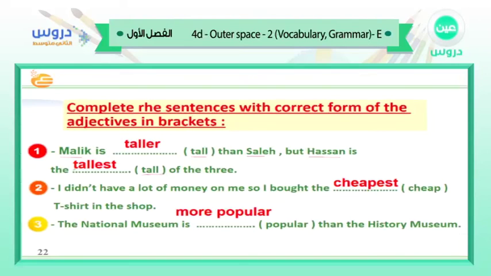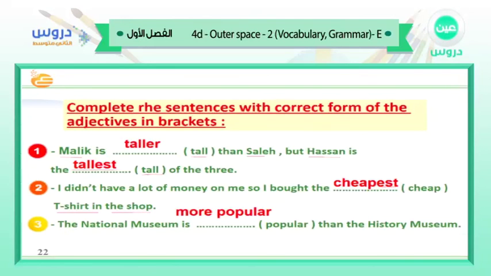Short adjective, we add est. Okay? Number 2, I didn't have a lot of money on me, so I bought the cheapest. Est, short adjective. Comparing between more than 2. Okay? I didn't have a lot of money on me, so I bought the cheapest t-shirt in the shop. Okay? T-shirt in the whole shop.